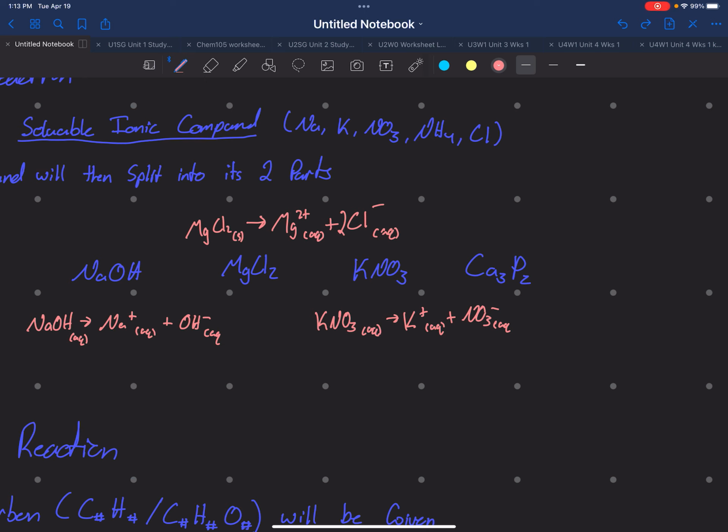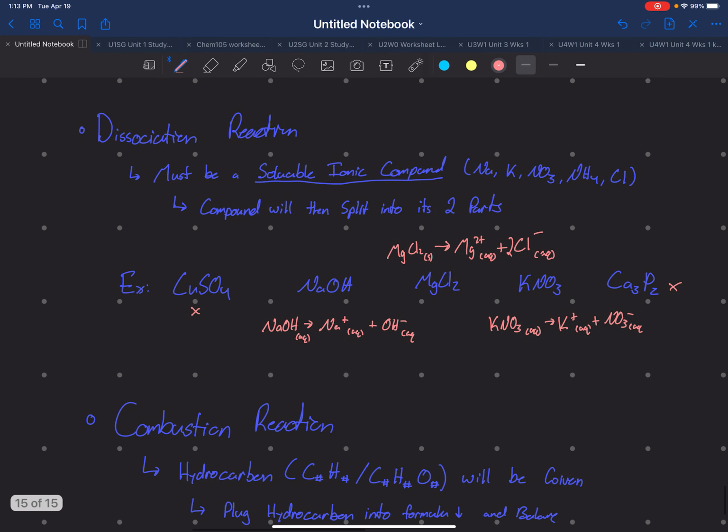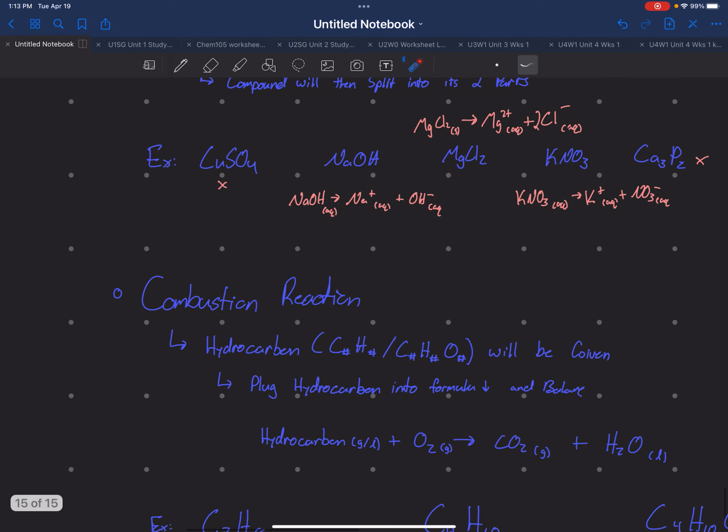Ca3P2. This is not soluble, so nothing. Cool. That's disassociation. Just make sure it's soluble, and then split it into its two parts, which I know you guys can do.